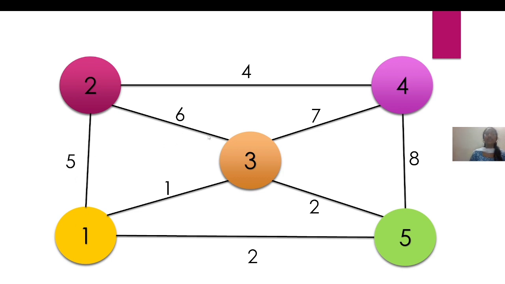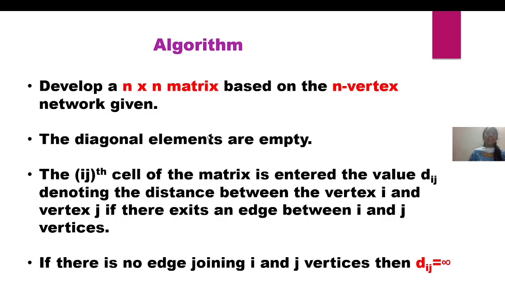edge weights respectively. Algorithm: develop an n cross n matrix based on the n-vertex network given. The diagonal elements are empty. The ijth cell of the matrix is entered with the value dij, denoting the distance between vertex i and vertex j if there exists an edge between i and j vertices.